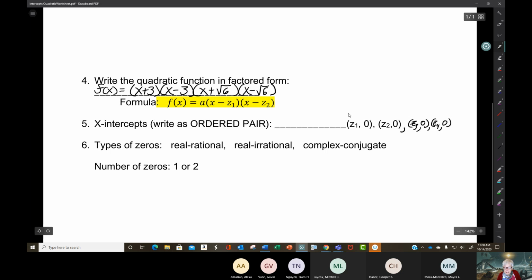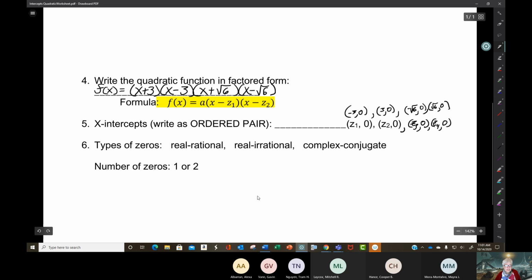And so those would have been -3, comma 0, 3, comma 0, negative the square root of 6, comma 0, the square root of 6, comma 0. And when you answer this kind of thing in MyMathLab, you have to put commas in between.